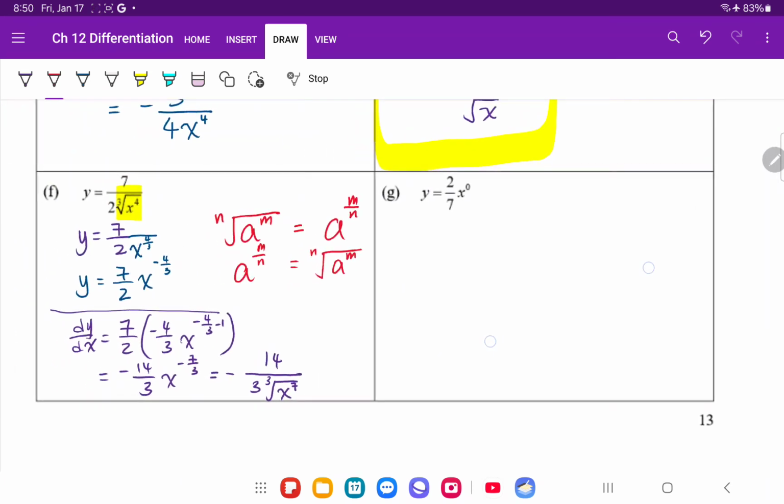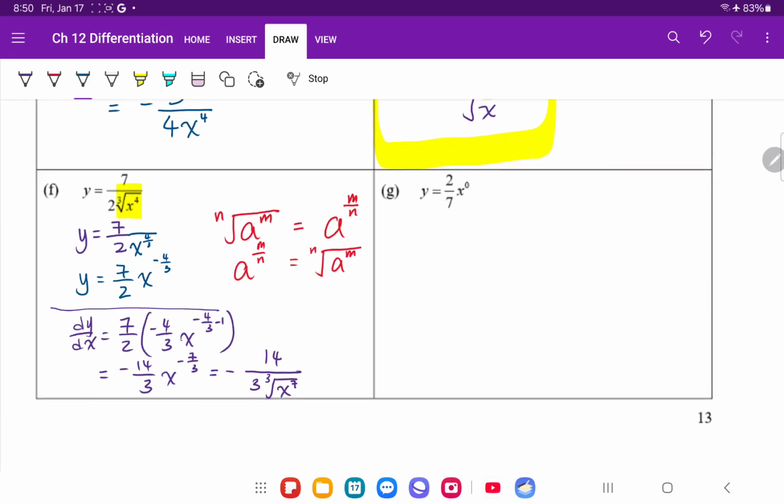Let's move to this one. Now the next one, those who are fast enough will realize, teacher, all I need to do is to take the 0 come down, 2 over 7 times 0, whole thing is 0. Well done. You are correct. Okay? If you cannot see what I'm trying to say, then you just do it slowly. 2 over 7. 0 comes down. 0 minus 1.